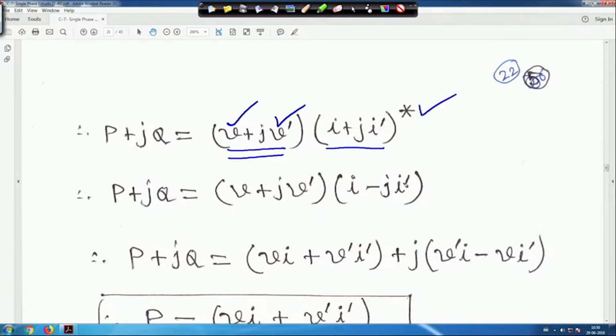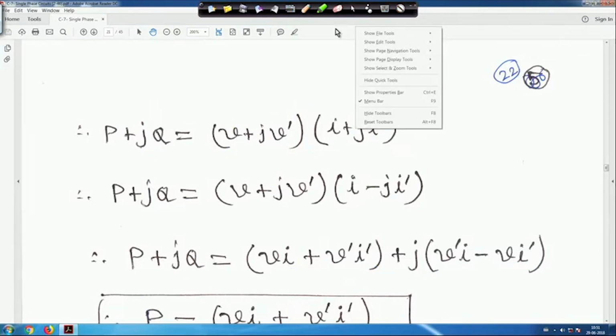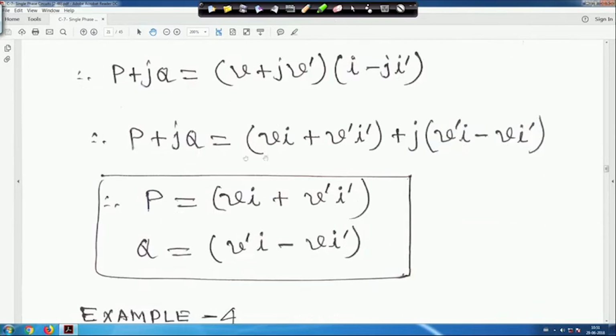If you multiply and simplify, you will find P plus jQ equals this, with the real part and the imaginary part. If you separate the real and imaginary parts, P will become VI plus V dash I dash, and Q will be V dash I minus VI dash.